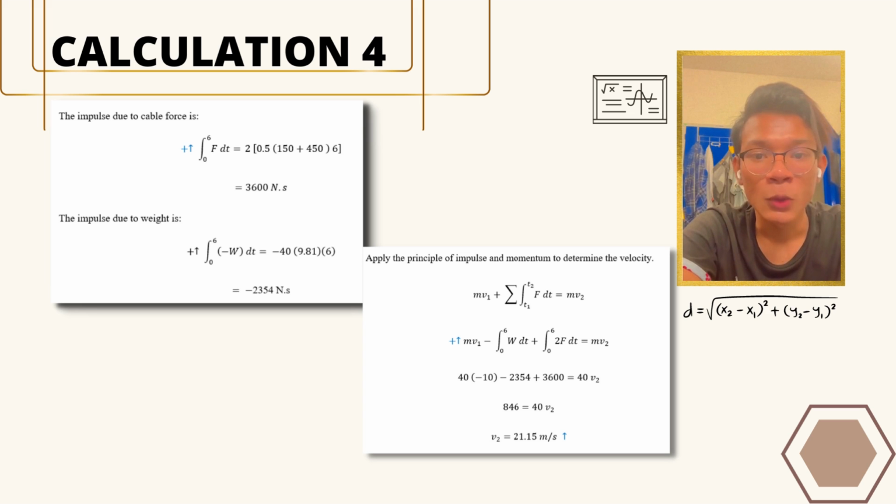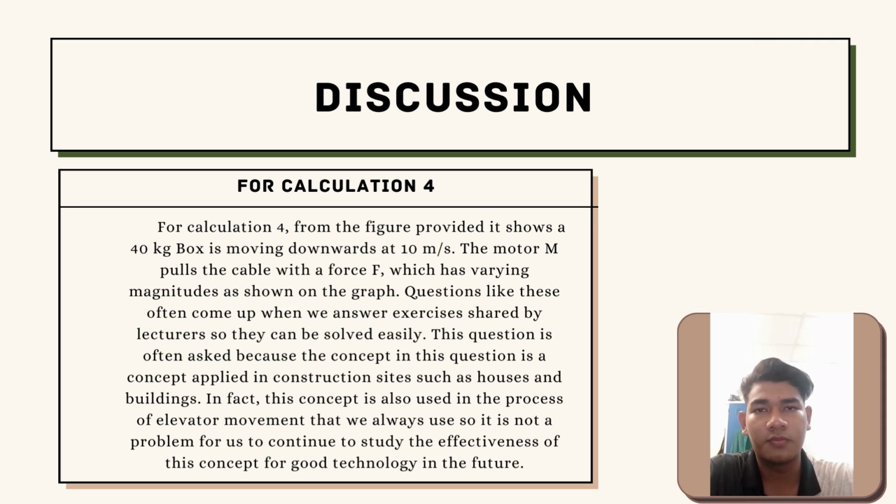After that, we will use the formula mv1 plus sum of integrate F dt equal to mv2 to find the speed of the crate. After that, the answer we will get is 21.15 meters per second.